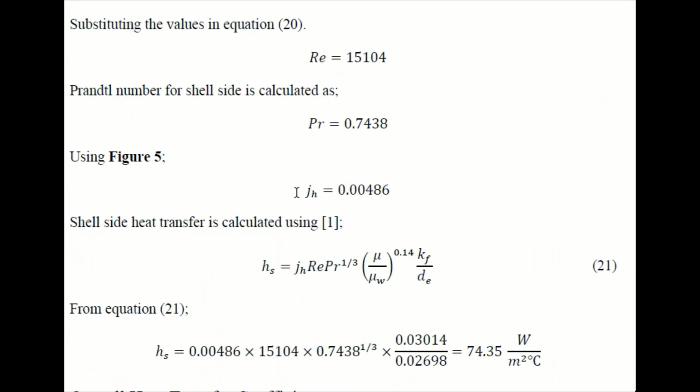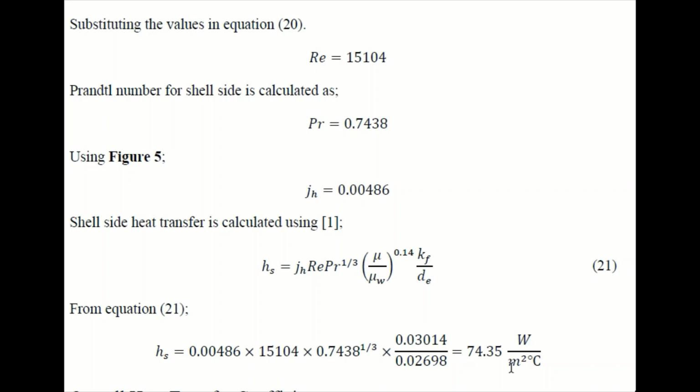So after we are done with this JH value, we can calculate the shell side heat transfer coefficient. Since we have everything like JH factor, Reynolds number, Prandtl number, thermal conductivity, and this equivalent diameter, and this is neglected for this case. So we calculate the shell side heat transfer coefficient as 74.35 watt per meter square into degree Celsius.